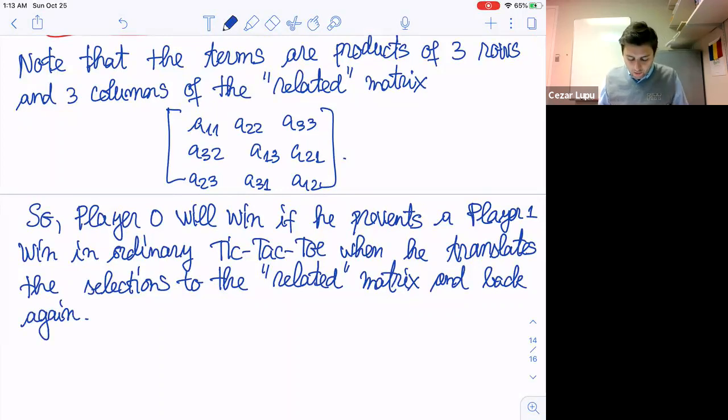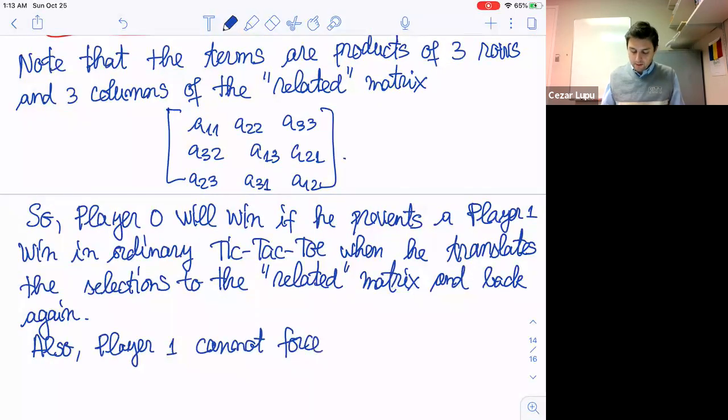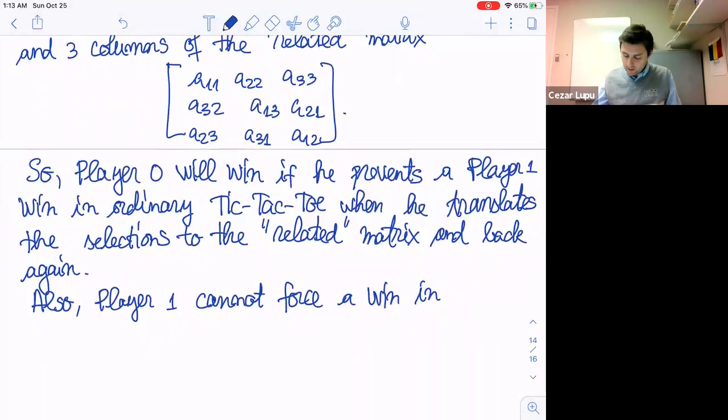It is well known that player 1 cannot force a win in ordinary tic-tac-toe.